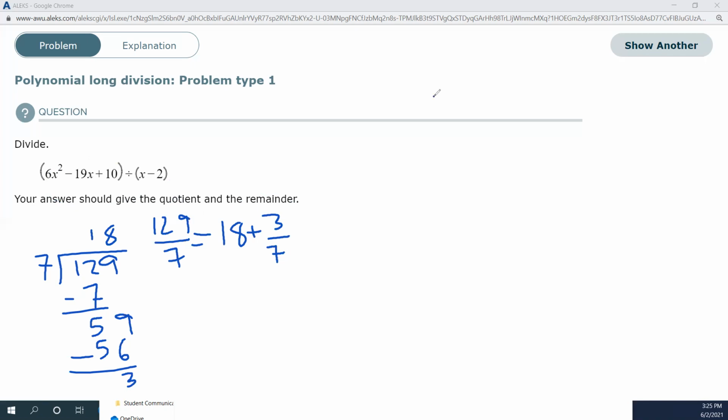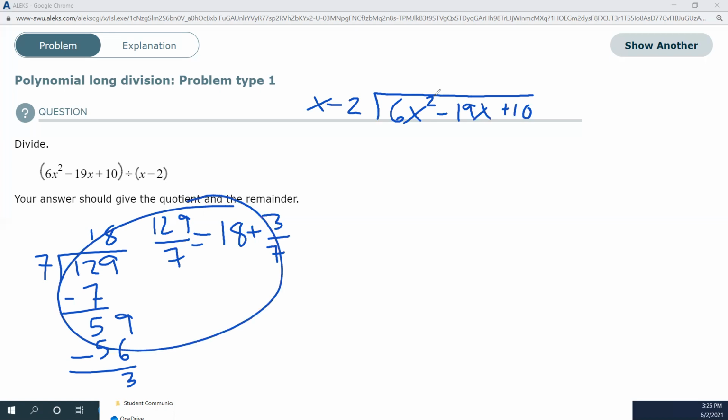So we're going to go x minus 2 divided into 6x squared minus 19x plus 10. Now, there is actually a reason why I did this first and wrote it out and left it on the screen, because there might very well be times when you're working on problems like this when you feel like, man, this is confusing.